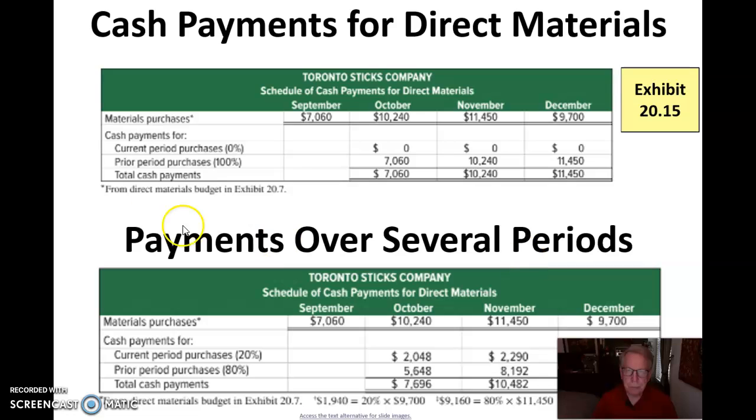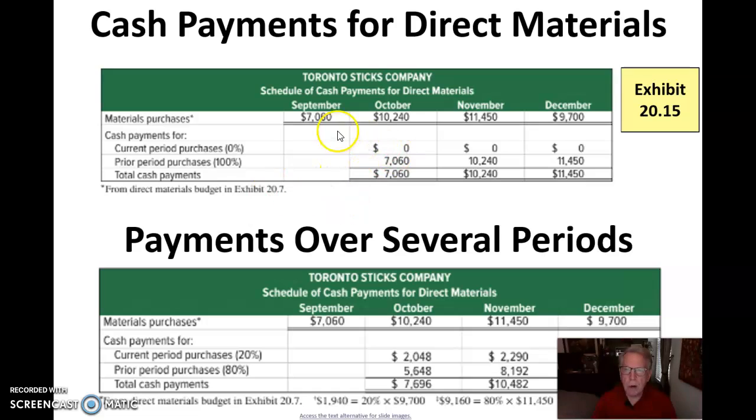So now if we look at cash payments for direct materials, here we have our materials purchases, but this time we get a little break because we're purchasing this from our vendors. So we're not going to pay those vendors in the current period. We're going to pay them in the next period.